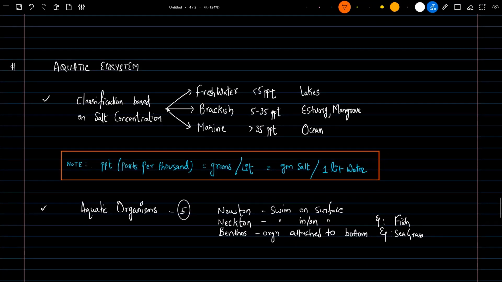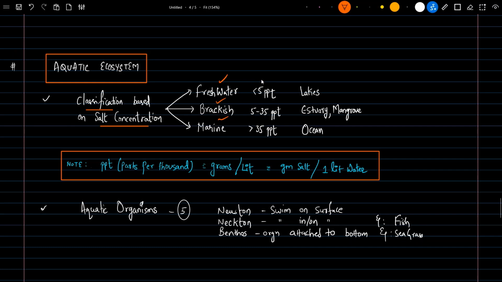Next, let's understand about the aquatic ecosystem. Basically, we can primarily classify them based upon the salt concentration. So we can call them freshwater aquatic ecosystem, brackish water ecosystem, and marine water ecosystem.